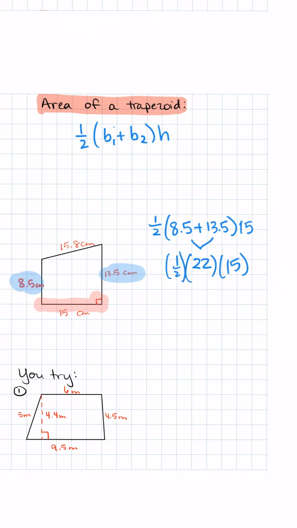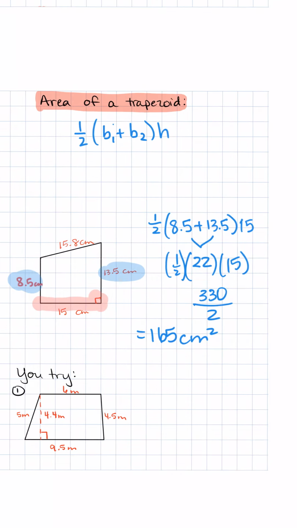Either way, you could divide by 2 and then multiply by 15. So I'm going to do 22 times 15 equals 330, divided by 2 equals 165 centimeters squared. Okay, so that's the area.